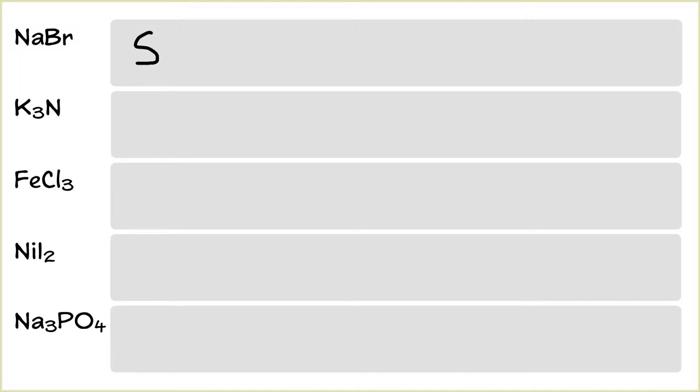So you write down sodium. And you will notice that the second element contains only one type. So we will add the suffix "-ide" to the root name of the element name, and that becomes bromide.